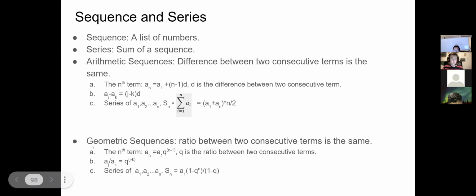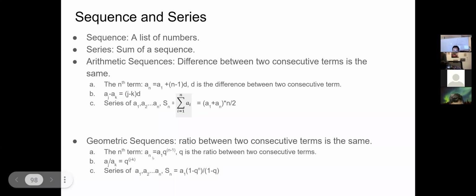Another important sequence is the geometric sequence. Unlike the arithmetic one, the ratio between two consecutive terms is the same. Again, we have three formulas here.